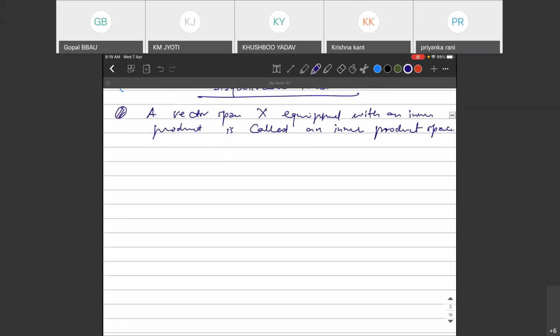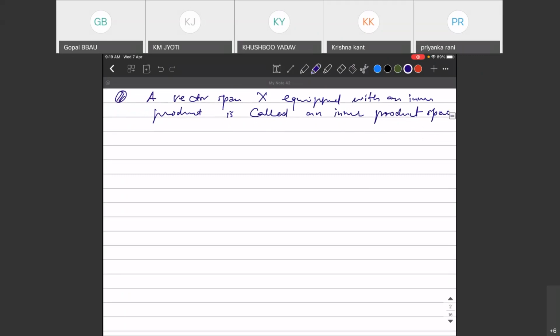We will see that these inner product spaces are always normed spaces, and you know all normed spaces are metric spaces. Therefore, inner product spaces will be metric spaces.